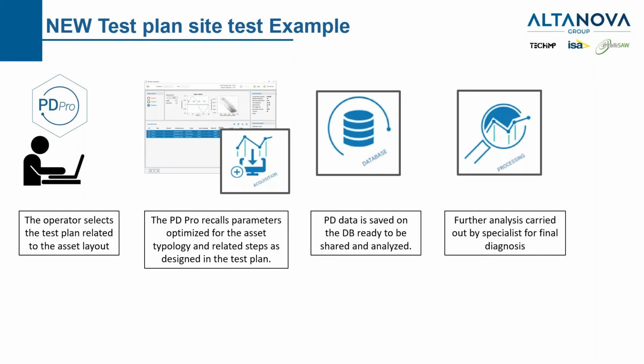Then we will have a homogeneous data set where we can see the differences between healthy and poor assets, and this data can be studied by the same operator that performed the measurement, or by a specialist who is, let's say, staying in the office with 1, 2, or 3 testing crews. Those are going around and taking the data thanks to the test plan.